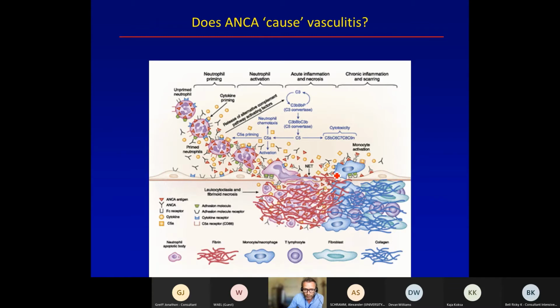And again, you get release of PR3 and MPO, which bind to macrophages. When ANCA binds to those, that activates the macrophages, which work in concert with neutrophils to cause the inflammation. So there's reasonable evidence at the moment that ANCA actually is pathogenic, which helps to think about some of the treatments that we use, which I'll talk about in a moment.